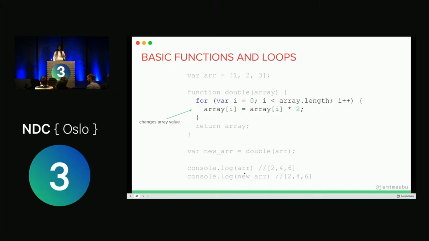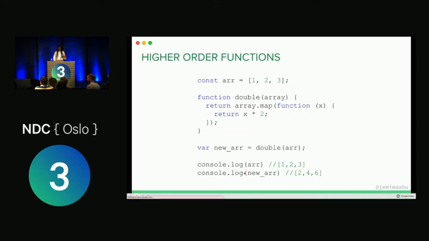And that brings us to the concept of higher order functions. When you're passing a function to another function, it creates its own new instance by default. Here, instead of using the for loop that we had previously, we replace our for loop with a map. Then we pass in this function x, where x is just the item in the array, which then returns x times 2. The way the map works is that it only affects the new instance of the array that you're creating.